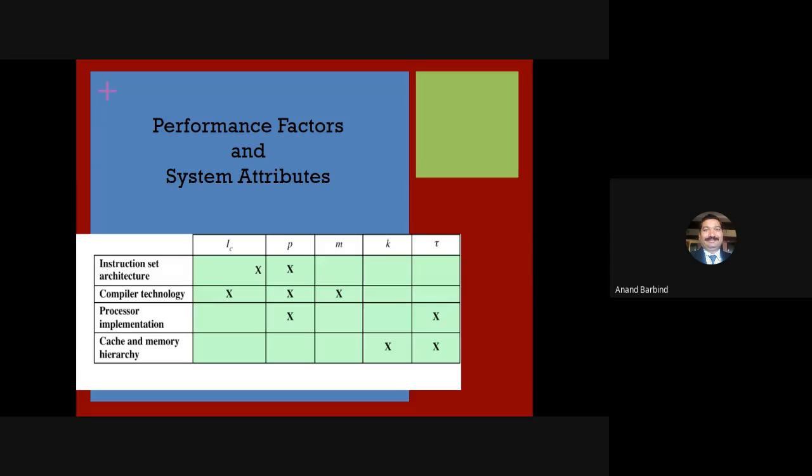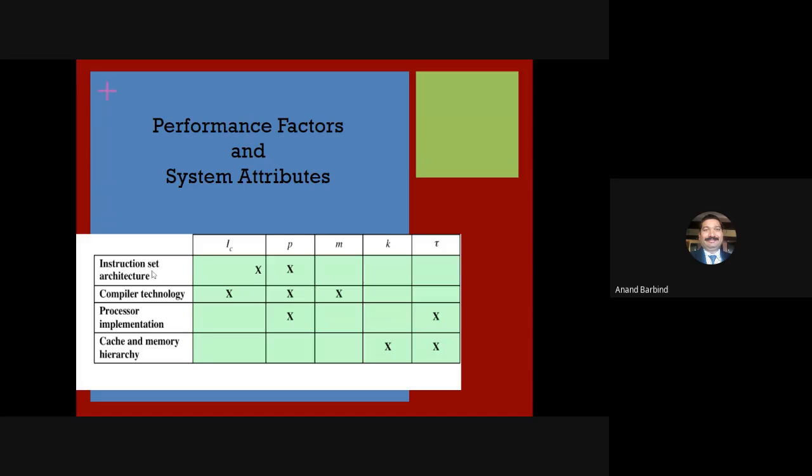This task can be implemented on the Intel processor or on the Motorola processor, but the number of instructions required to implement it may be different for the different processors. So the IC changes. P, that is the internal cycle time, is again different.